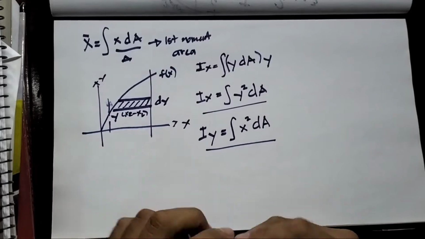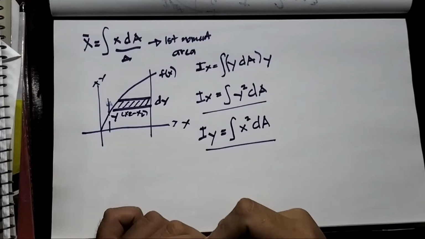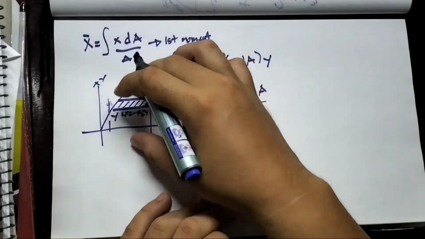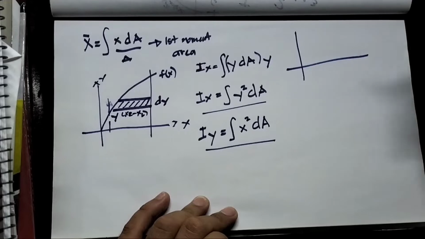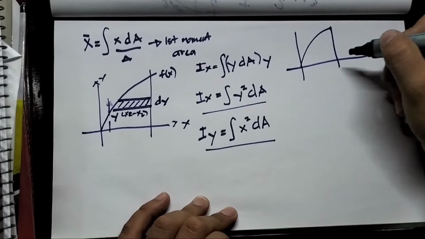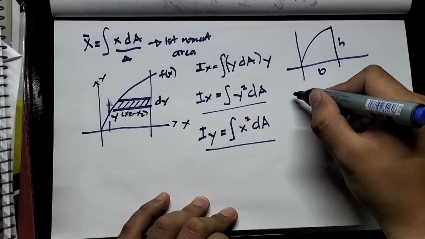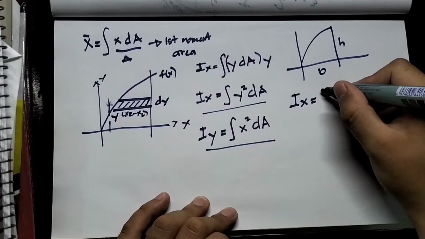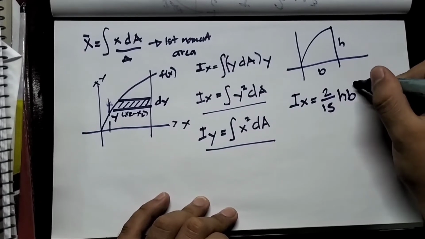But in this case, in the books, meron tayong mga derived na formula. Like this one, because it is a parabolic segment. In the books, meron din dyang mga rectangles in different shapes. Kapag parabolic segments, this is the height, this is the base, the formula will be, Ix is equals to 2 over 15 h base cube.